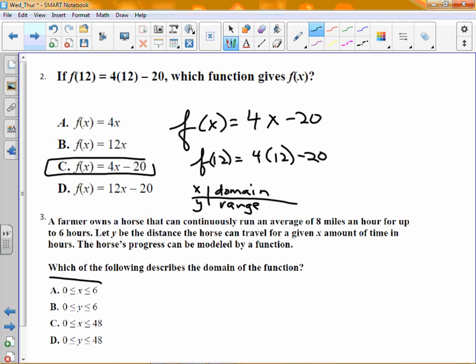Now, what concerns me is if instead of being written out as 0 is less than x is less than 6, they chose this problem to find out if you know what interval notation is. Is there anybody in the room that knows how to write that right there using interval notation?